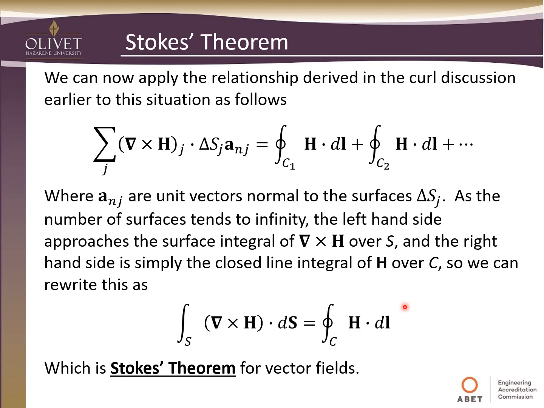This in itself is Stokes' theorem for vector fields, and this is pretty handy. Many times we'll have integrals in one form or the other, and the execution of that integral could be complicated. So if we know this theorem, sometimes we can substitute over to the other side, which is a much simpler evaluation.